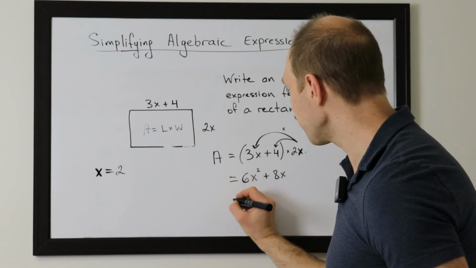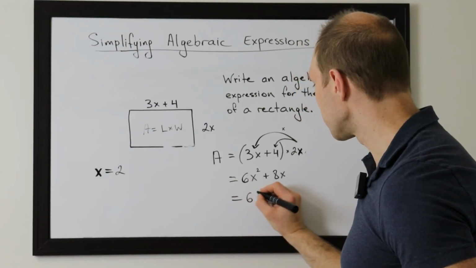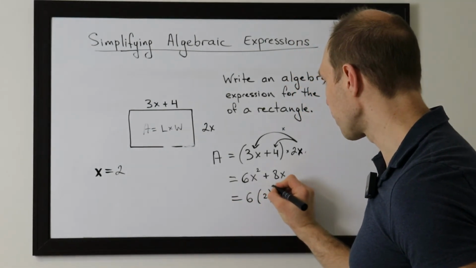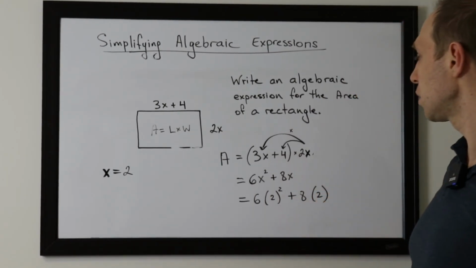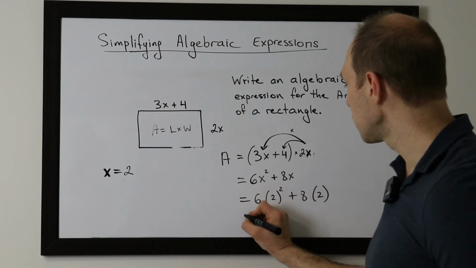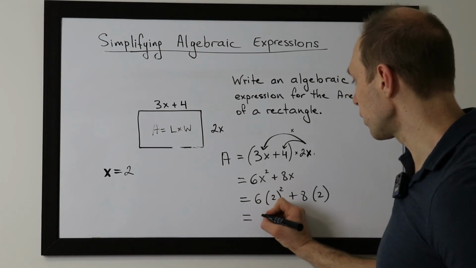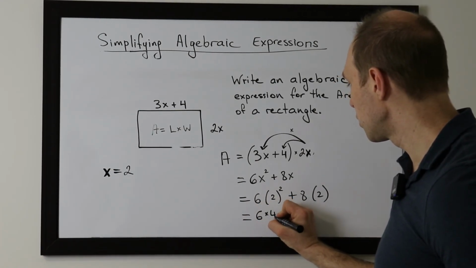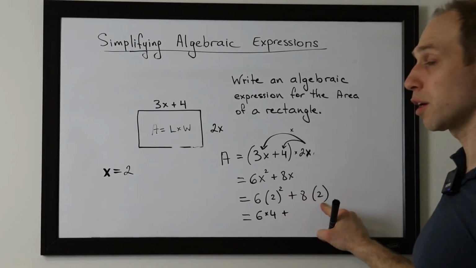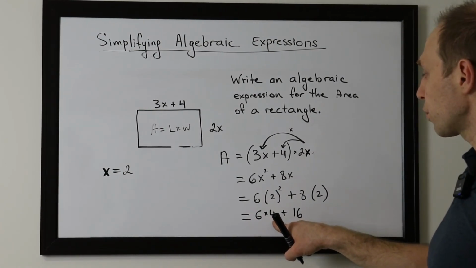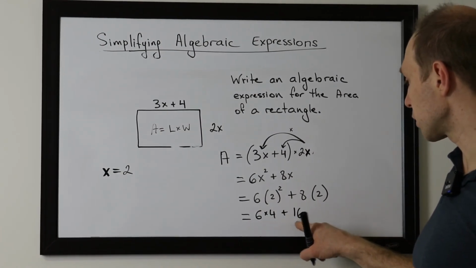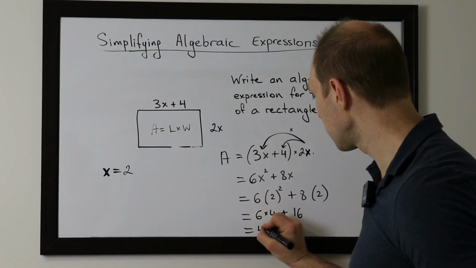So we can write this again in this form: 6 times 2 squared plus 8 times 2. What do we get? We get 6 times 4 plus 8 times 2, which is 16. 6 times 4 is 24. 24 plus 16 is 40.